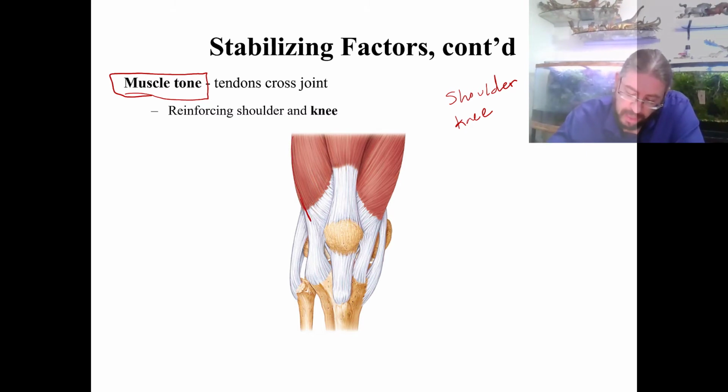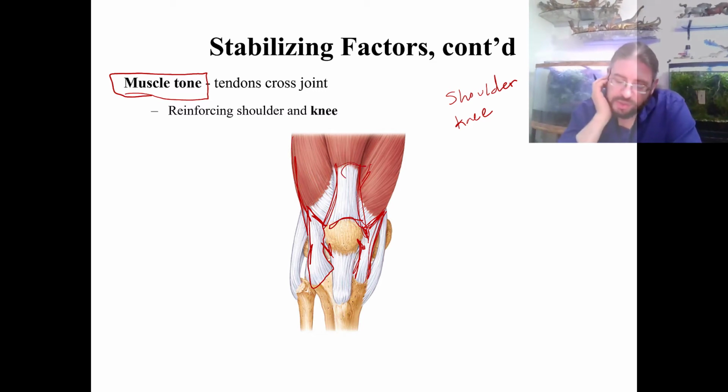So we have some tendon crossing over here, and then some of it crossing in over here, over there, over to there, sealing in there. So the stronger your muscle tone associated with these tendons, the better reinforced that your joint is.